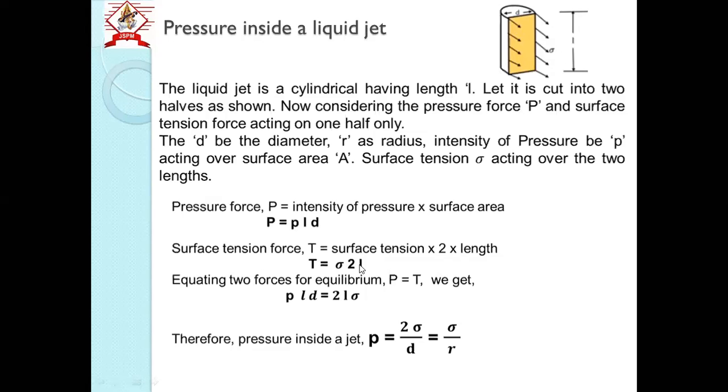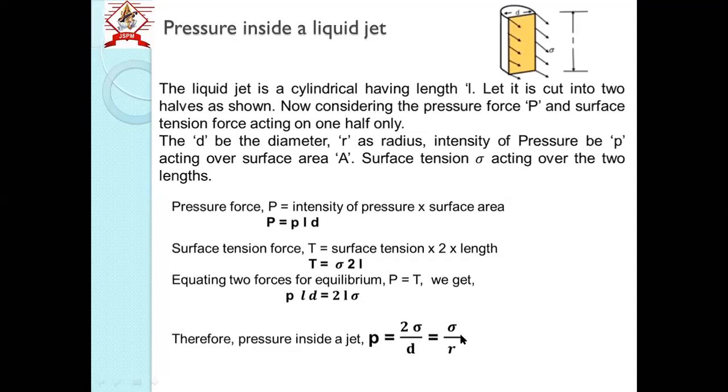So sigma into 2L is the surface tension force. Now equating these two forces, P L D is equal to 2L into sigma. L gets cancelled. Therefore the pressure inside a jet is 2 sigma upon D or sigma upon R.